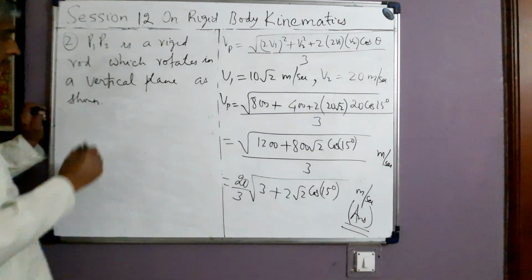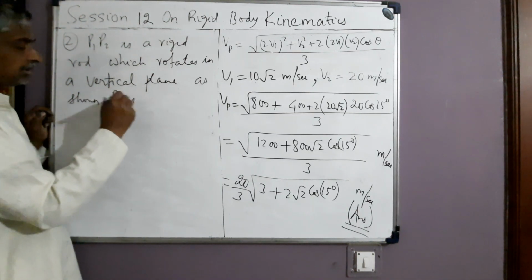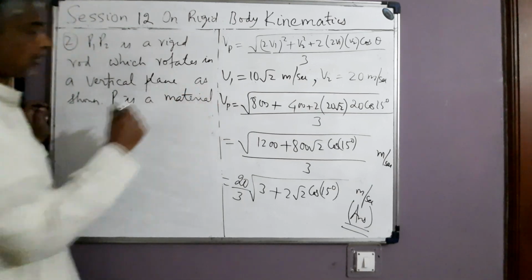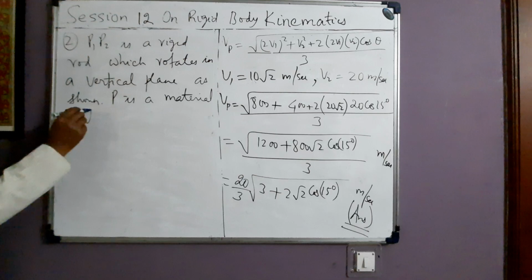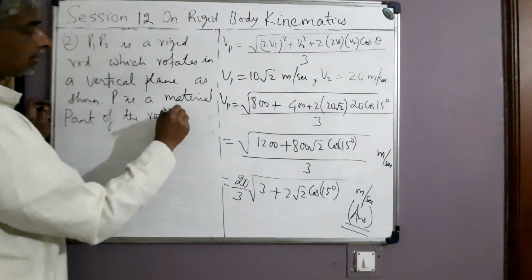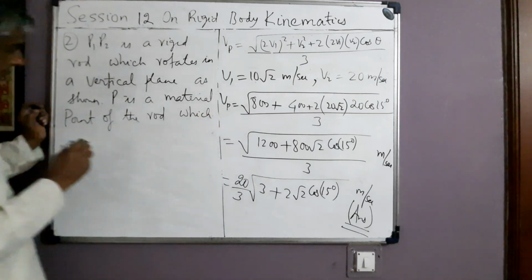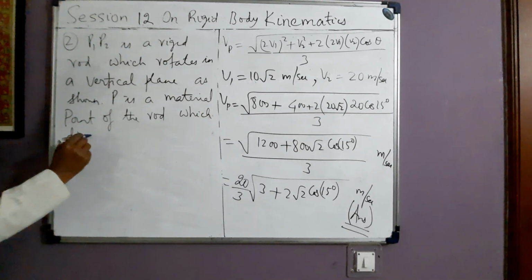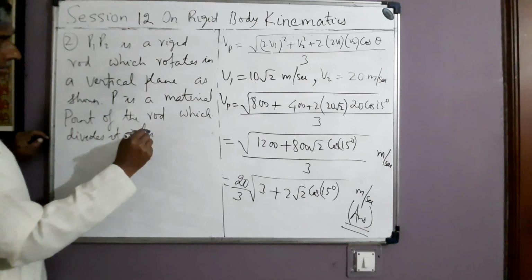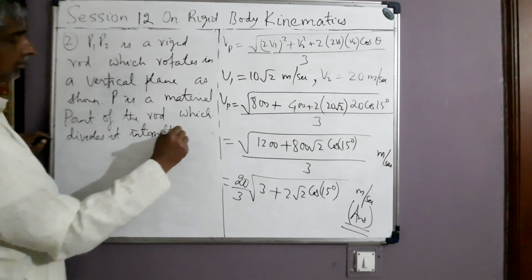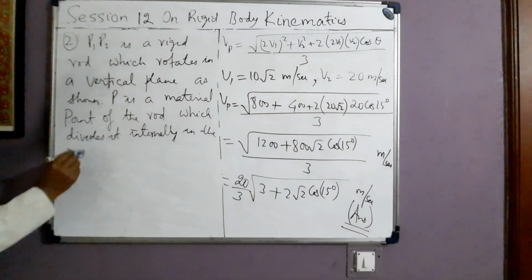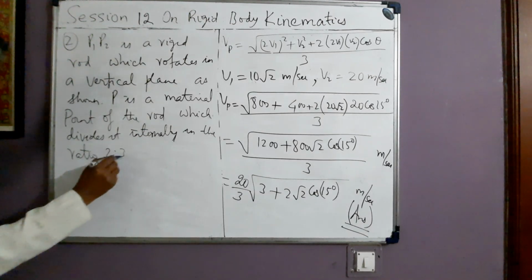P is a material point of the rod which divides it internally in the ratio 2:3.